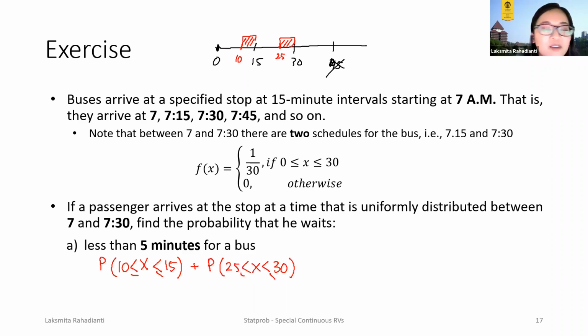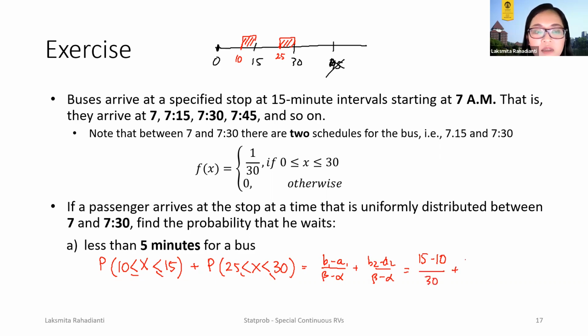Okay. So in other words, we can now compute the first one: it's beta minus alpha. So I could write it like that, plus beta 2 minus alpha 2 over beta minus alpha. In other words, 15 minus 10 over 30 plus 30 minus 25 over 30, and here we get 10 over 30 or 1/3.